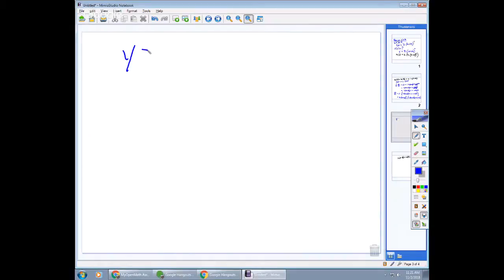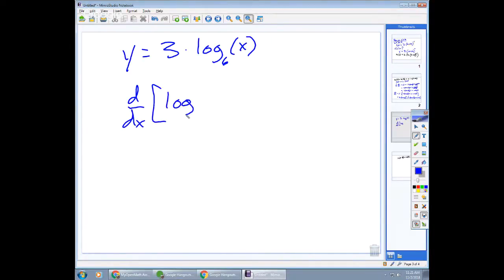So y equals 3 times log base 6 of x. One is to remember the formula, that the derivative with respect to x of log base b, any b, although b can't be negative or 0 or 1, is going to be, no, sorry, I got that wrong.